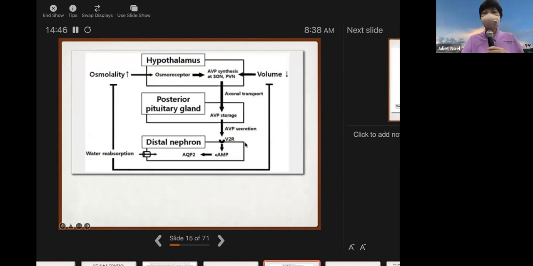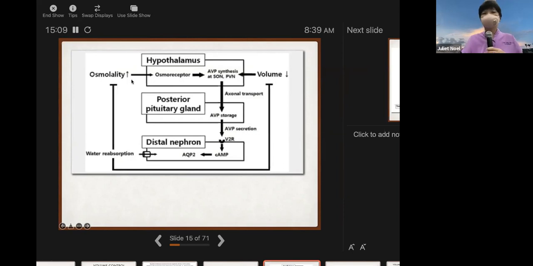The antidiuretic hormone will act on the distal nephron to bring out aquaporin receptors. The aquaporin receptors will cause water reabsorption. With the water reabsorption, you improve your volume and you decrease your osmolality.